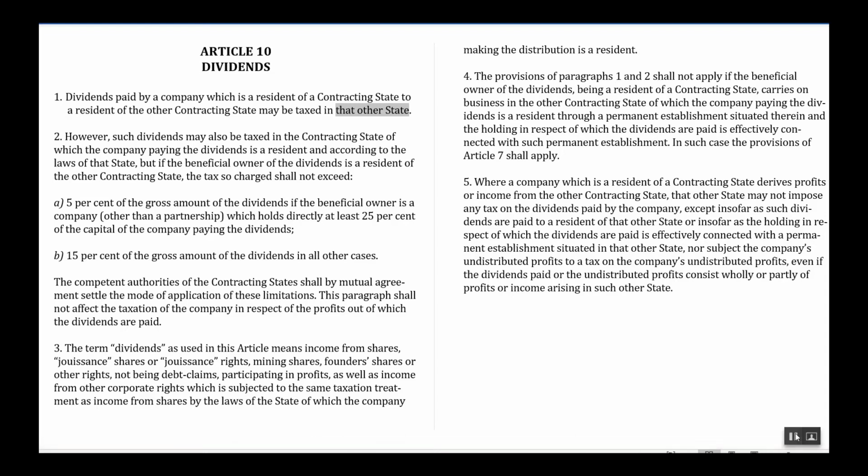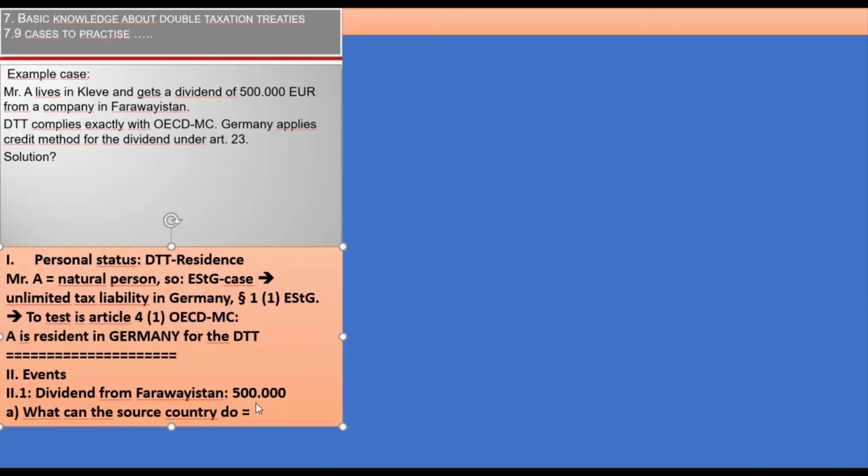Let's shortly write that. So that was here the question, naturally, ladies and gentlemen, what can Farawaystan do? And that was, now a surprise first.